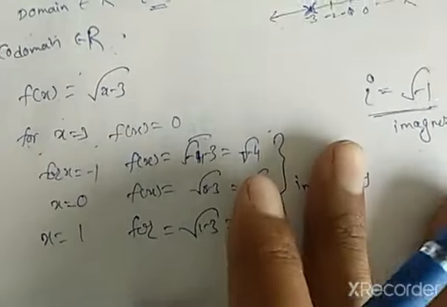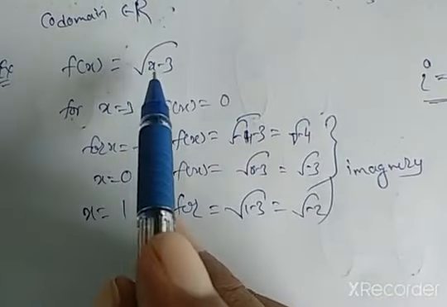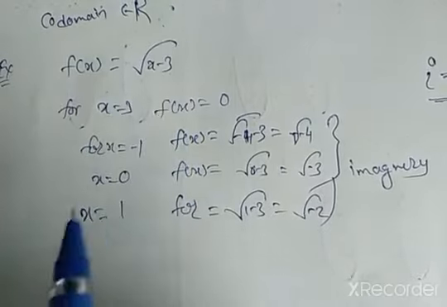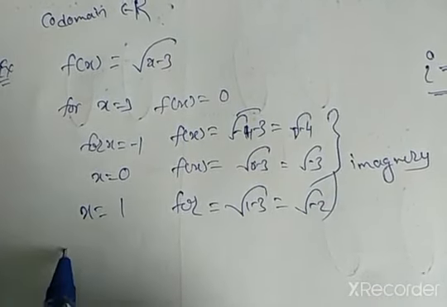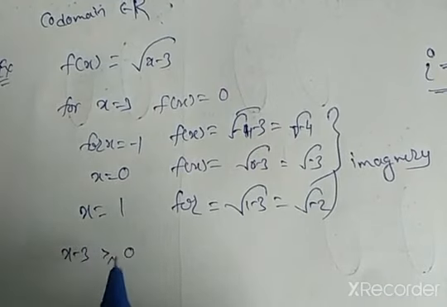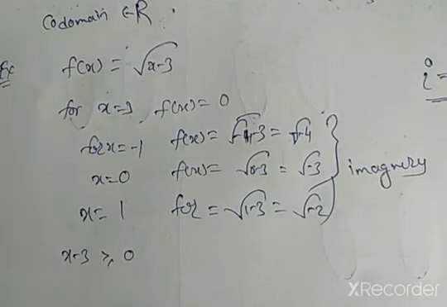So for this example, we have to take x minus 3 to be greater than or equal to 0. To find the domain, we have to check that x minus 3 is greater than or equal to 0. If it is 0, it is okay, because 0 is a real number.